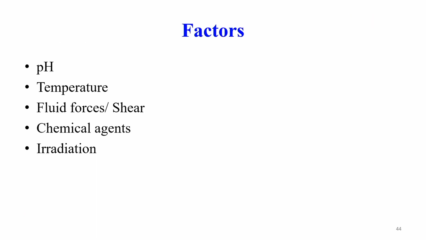As I discussed, the pH: all enzymes are made of proteins, and proteins are sensitive to the pH value, because all the physical interatomic interactions, including hydrogen bond, van der Waals interaction, and ionic interaction, are affected by the pH.